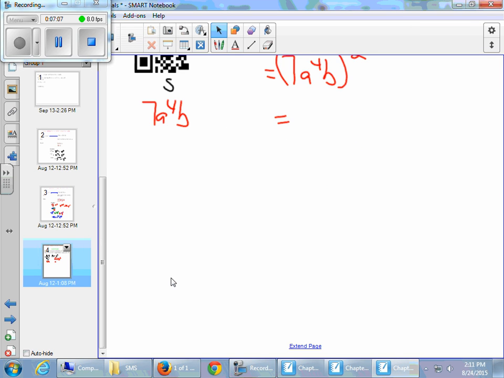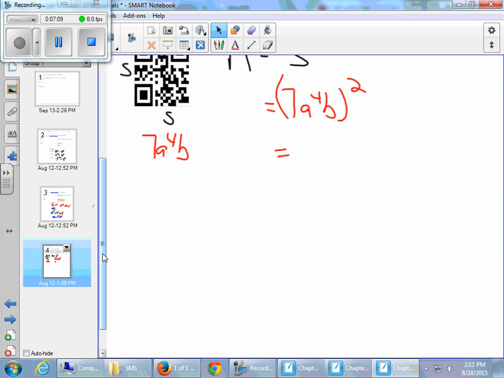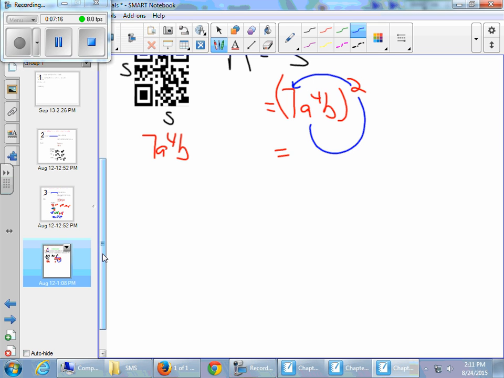So now, like our last example, remember the 2 goes to everything inside the parentheses. The 2 is going to go to the 7, to the a to the fourth, as well as the b. So we'll have 7 squared times a to the fourth squared times b squared. 7 squared is 7 times 7, which is 49.